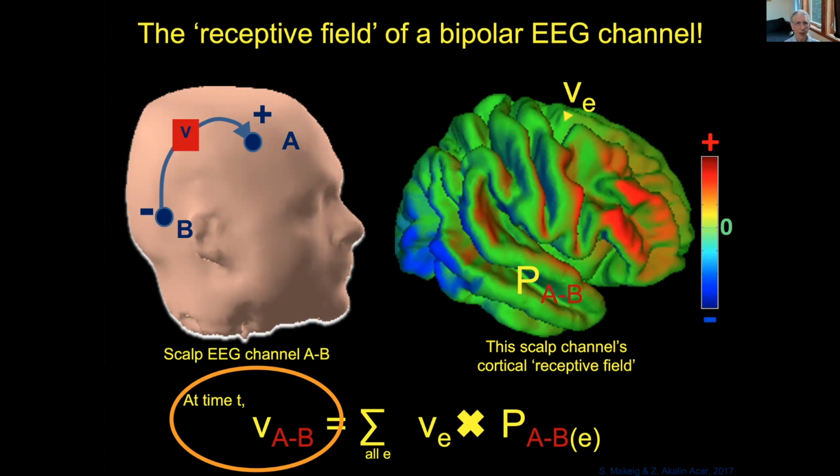Well, at a time t plus 1 or t plus n, of course this projection map won't change, but the voltages at every element may change in very complex ways. And again, you perform this calculation and you come down to one value.